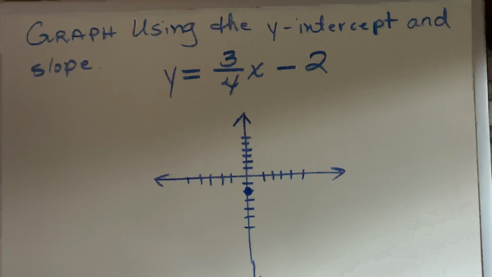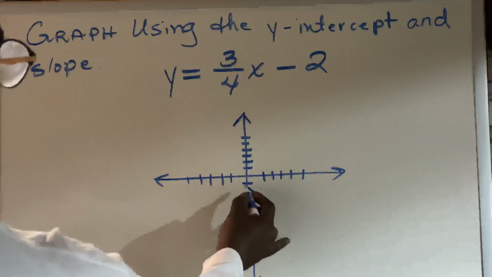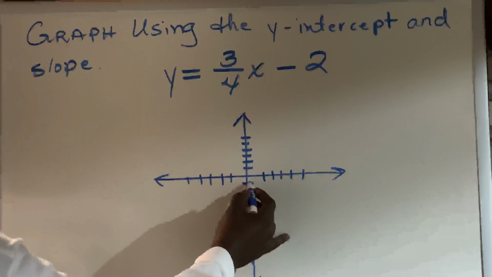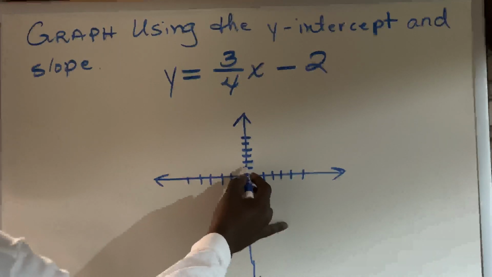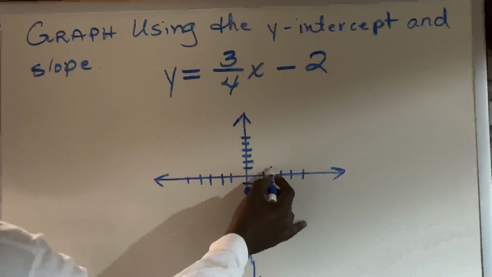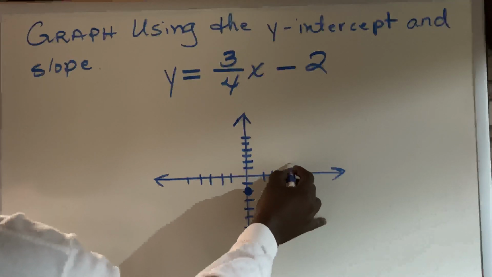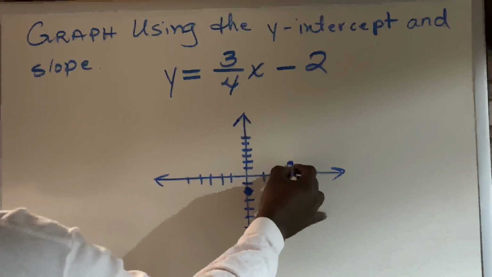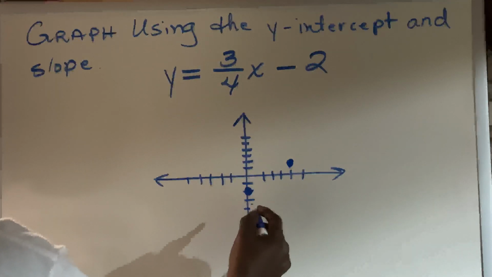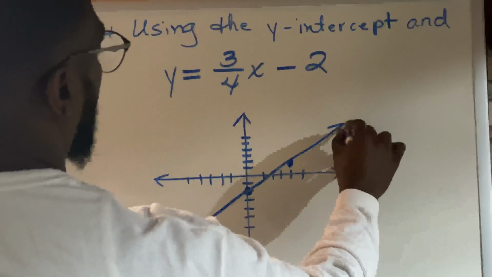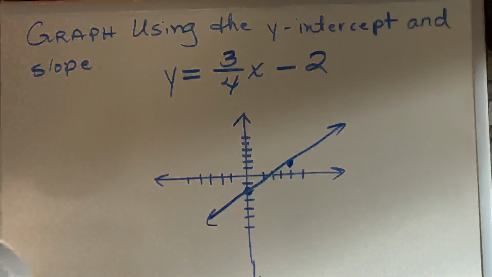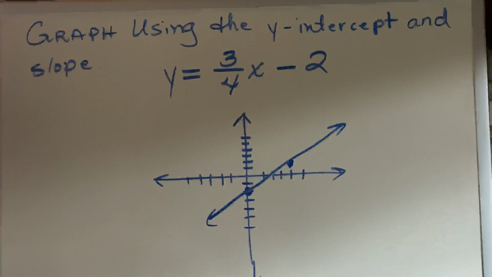Both are positive. So we're going to rise from this point 3 units: 1, 2, 3. And we're going to run to the right 4: 1, 2, 3, 4. Then we plot. From there, we draw our line. And we see that it's a positive slope because from left to right it's rising.